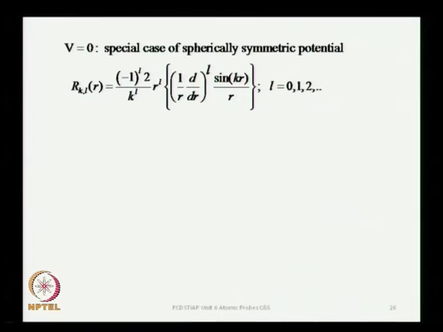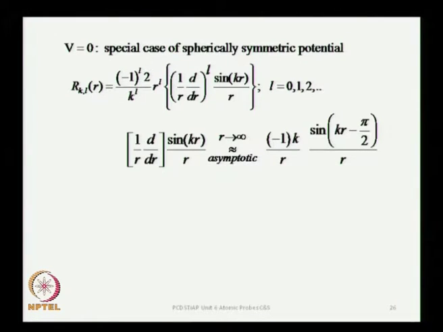And we discovered that such a recursion relation indeed exists, and for this problem of V equal to 0, the free particle, you can obtain a solution from that of the S orbital. All you need to do is operate by the operator 1 over r d over dr on the function sin kr over r, which is a solution for L equal to 0.